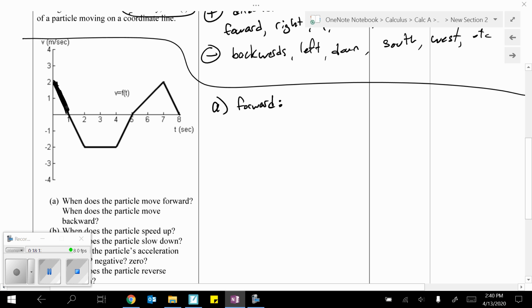So that looks like that happens from 0 seconds up to 1 second. And then it resumes moving forward in the 5th second, and it goes all the way until the 8th second. And that's when the graph stops.